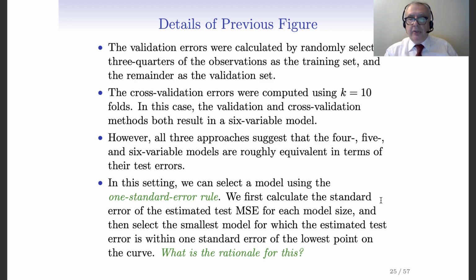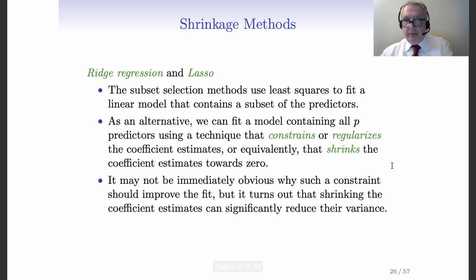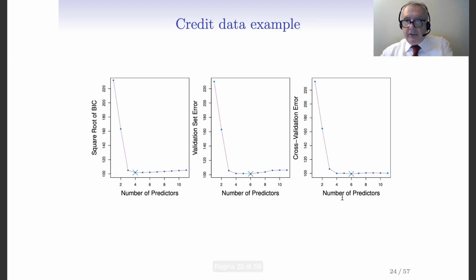Then you are not using the model order that minimizes k-fold cross-validation, but you just select the smallest model such that its test error is within one standard error of the lowest point in the curve. So let's go back here. So this is the minimum point.